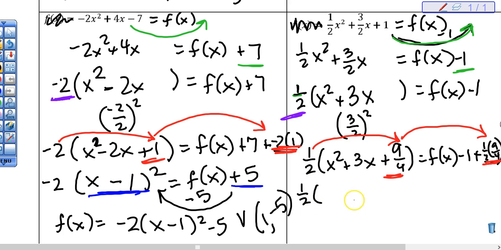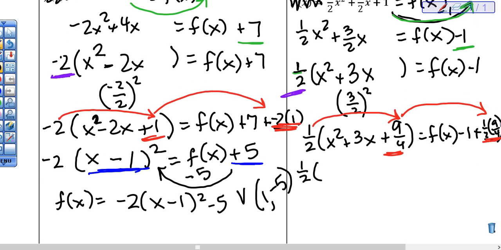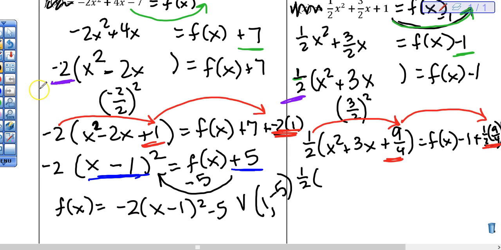Now we factor. I'm going to scroll up just a little bit so I have some more room here. So 1/2 of, let's factor, x plus, cut the b term in half. There it is. All right, quantity squared. Good. Equals. We're going to have to do a little bit of manipulation over here, so I'm just going to do my simplification here. So this is 9/8.